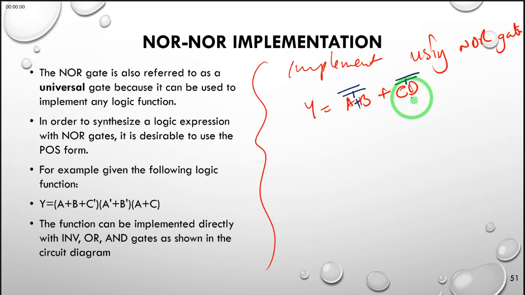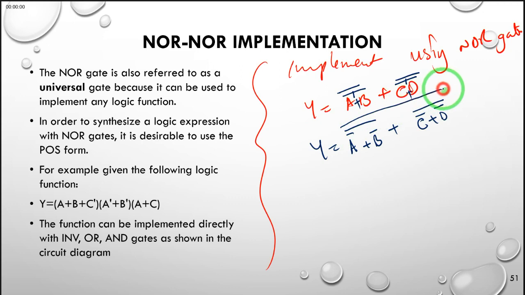Break this line and change the sign so that we have y equals (a bar or b bar) bar. Then introduce another double bar at the top here. So this becomes one invert. This is a NOR operation. This is a NOR operation with this bar. This is another NOR operation. This is a NOT operation.